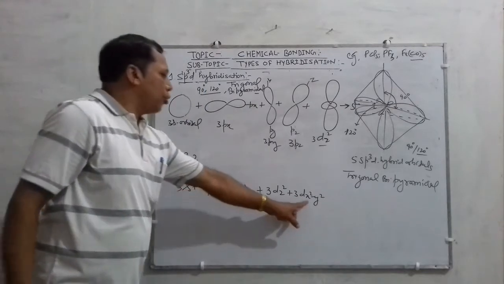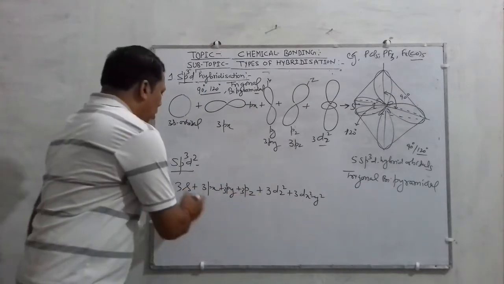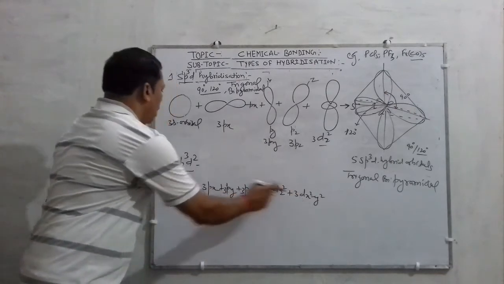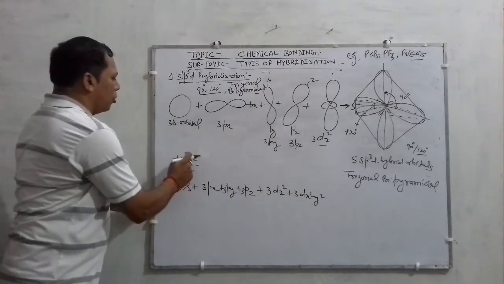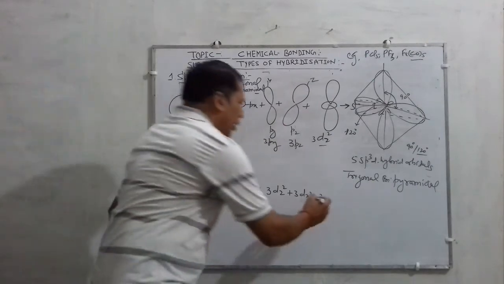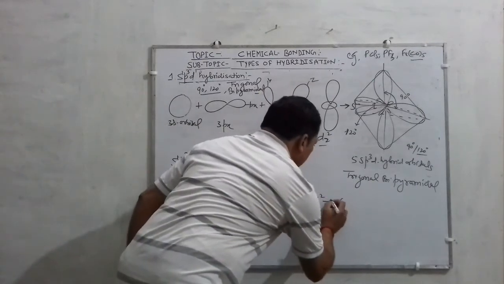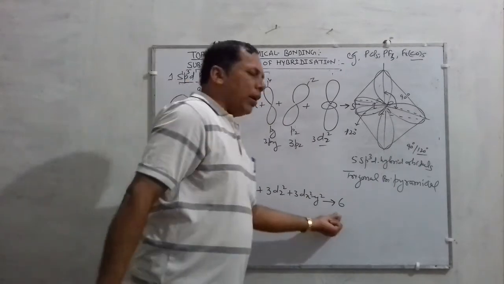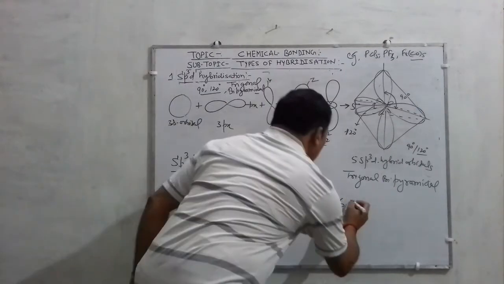Count it: 1, 2, 3, 4, 5 and 6. Total 6 orbitals are taking part here, resulting in the formation of 6 new hybrid orbitals of equivalent energy.